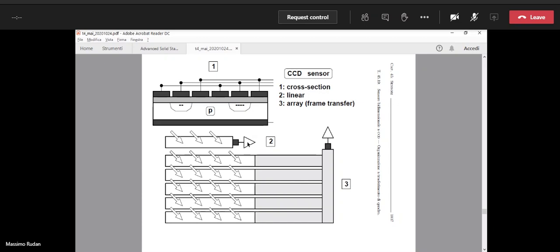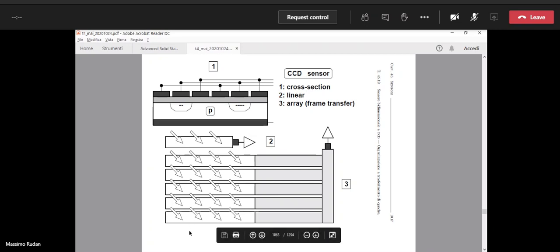So the obvious idea to form a two-dimensional sensor is simply to replicate a number of linear CCDs in parallel. You can see this arrangement here.